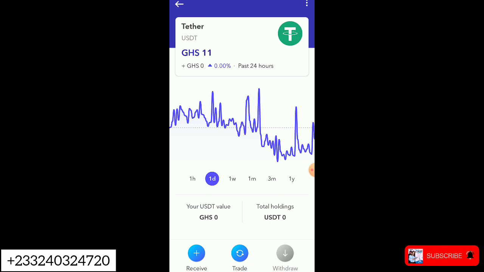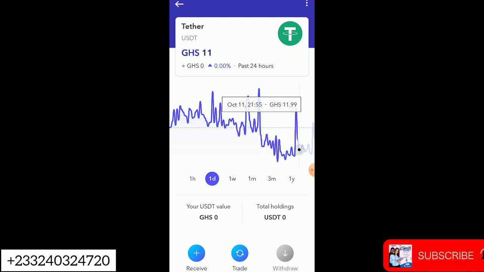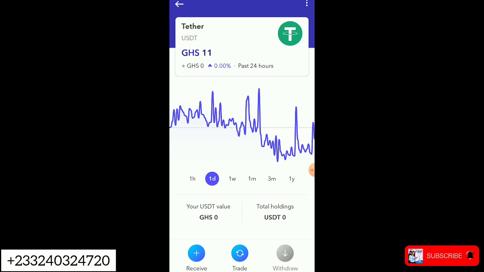One is by buying and selling your USDT on Evercent. How can you sell on Evercent? First of all, you have to study the chart. You see, the chart was 12, and all of a sudden it's reduced to 11. So the probability of it going to 12 is more than half, like 50% or 60%, because it will go to 12 again.